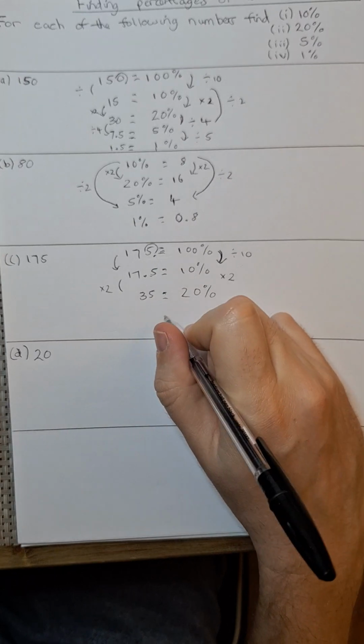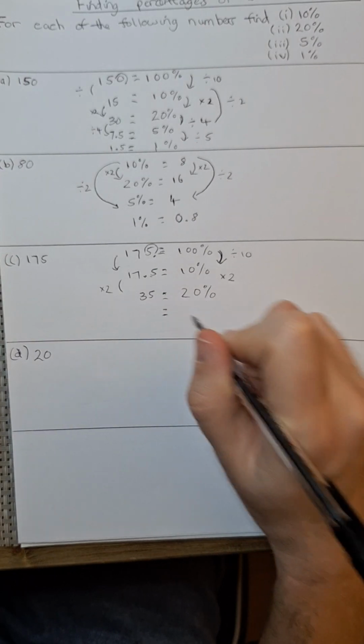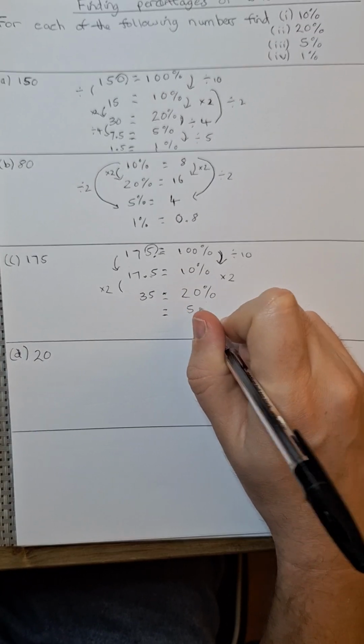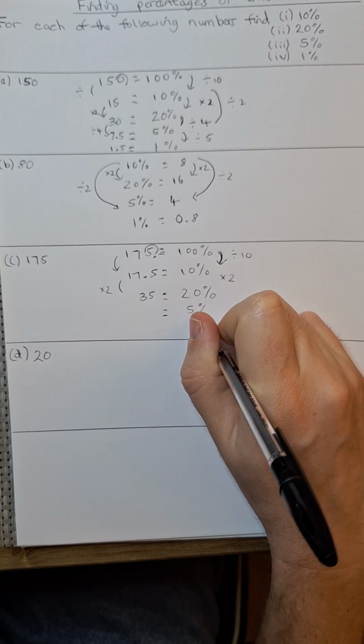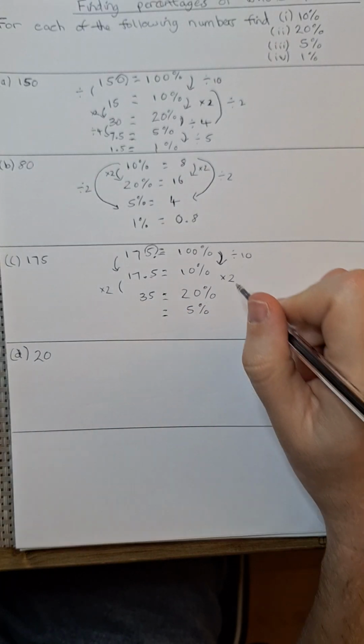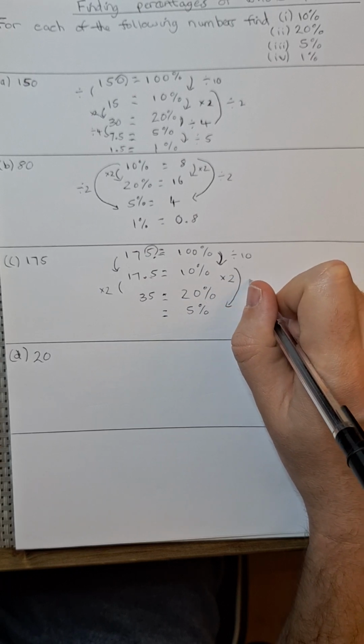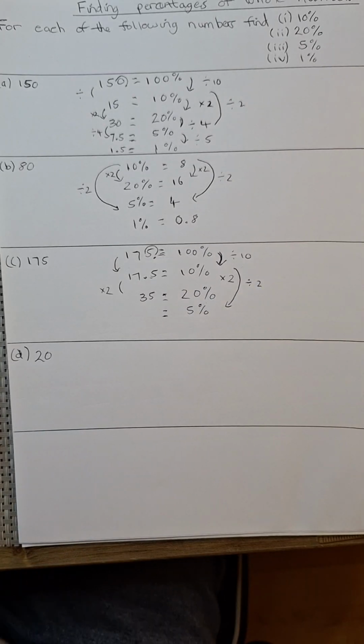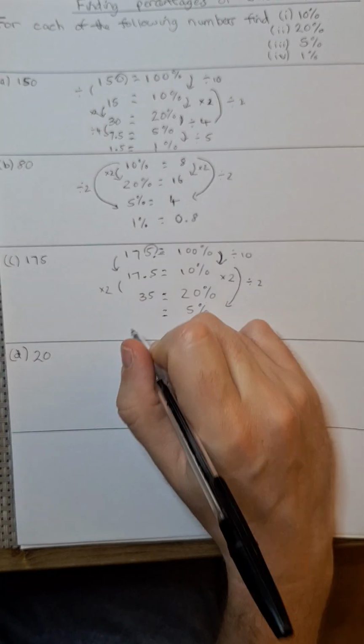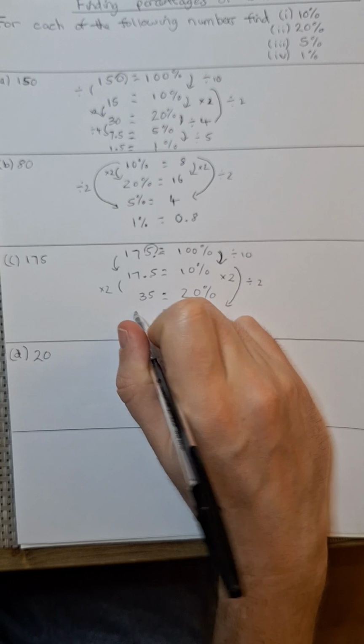And to get our 5%, we're going to do 10% divided by 2. Therefore, we're going to do 17.5 divided by 2, which is 8.75.